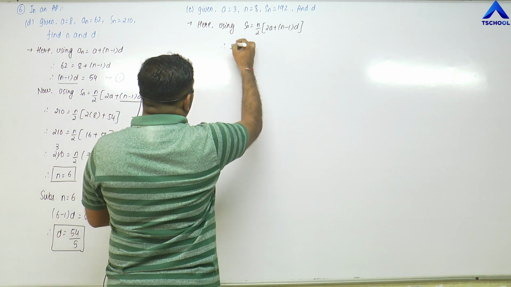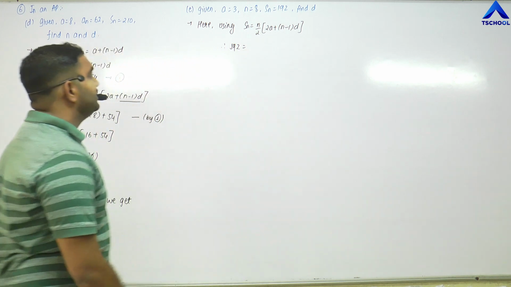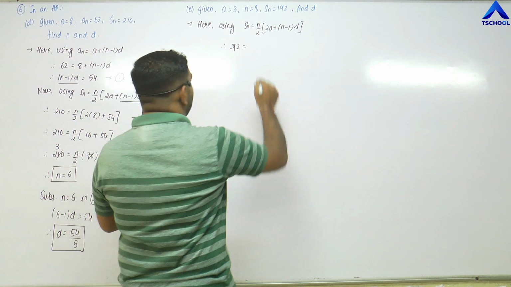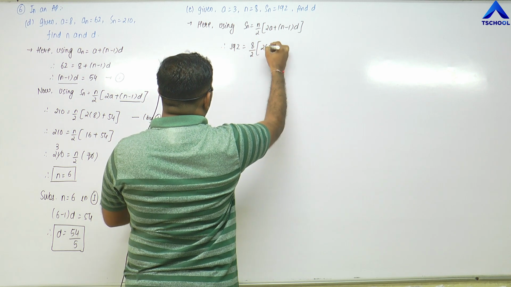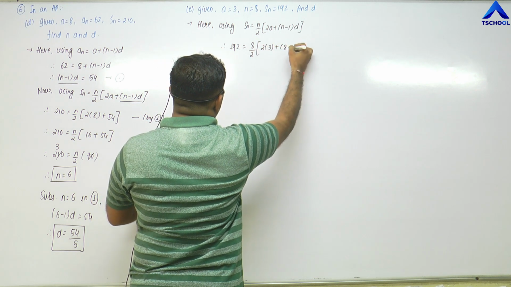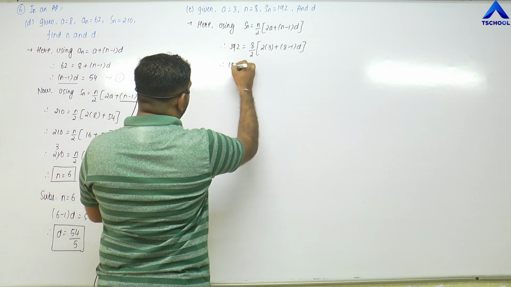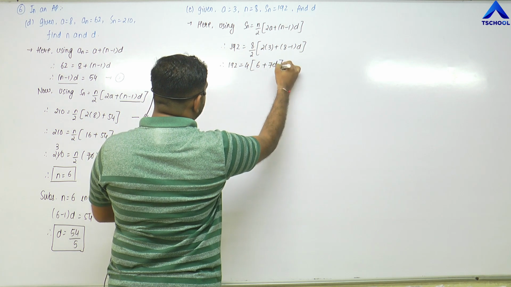Therefore, 192 equals to, see friends, we are not having n also. So, sorry, my mistake, we are having n. 8 by 2 into 2 into 3 plus 8 minus 1 into d. Therefore 192 equals to 4 into 6 plus 7d.